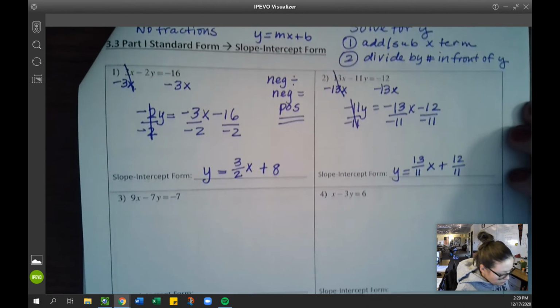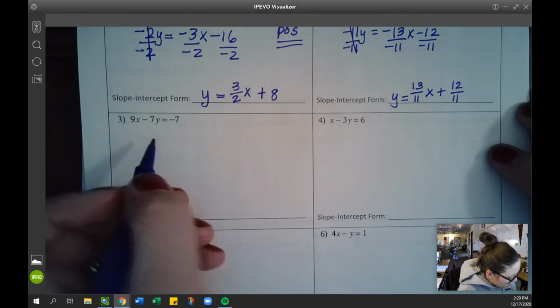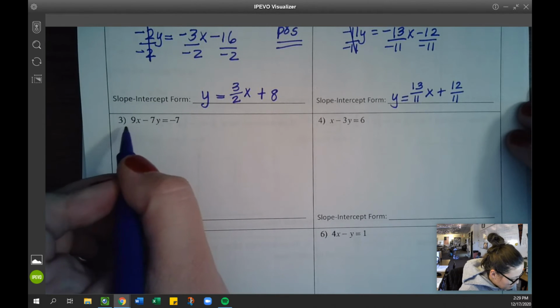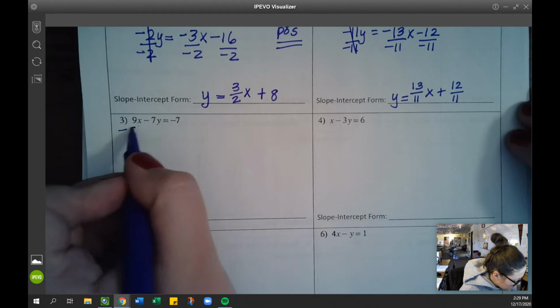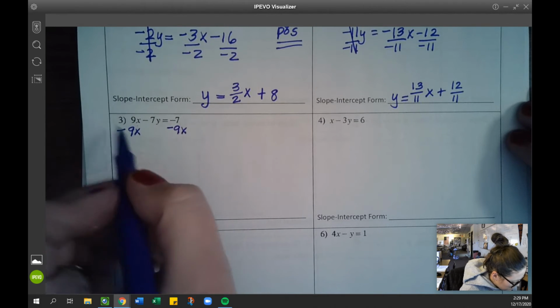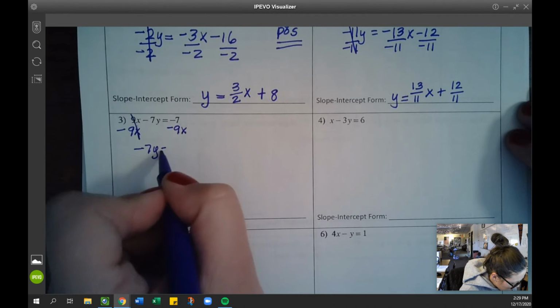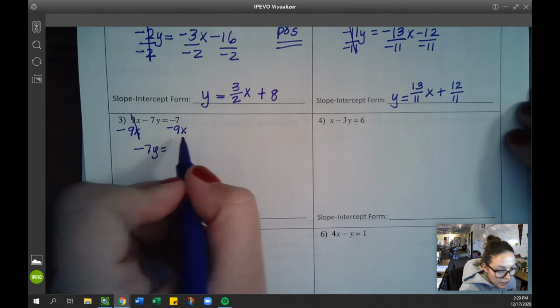All right, number 3. Again, I'm going to move the x term over. So to get rid of 9x, I'm going to subtract 9x from both sides. That zeroes out. I'm left with negative 7y. These do not combine.